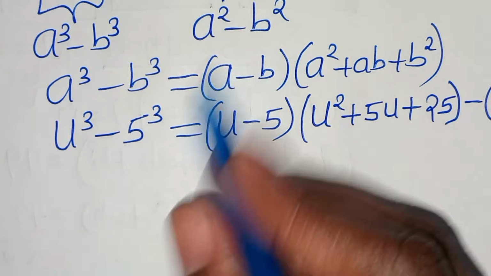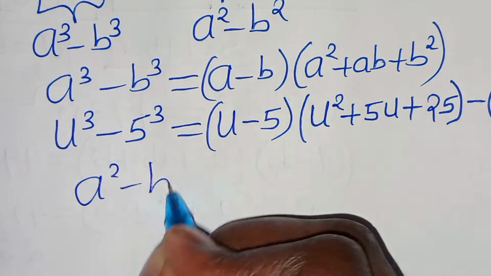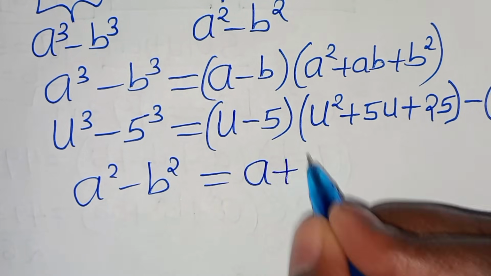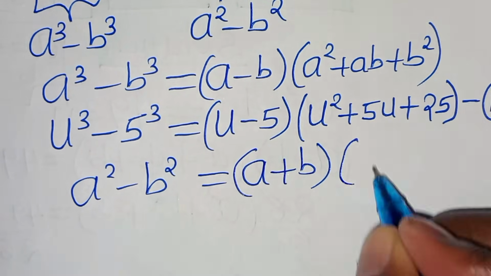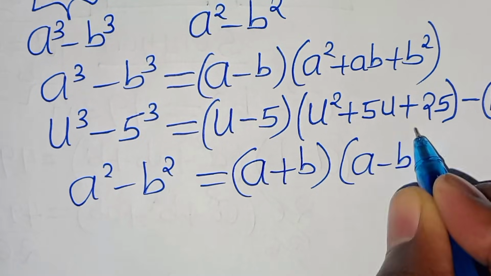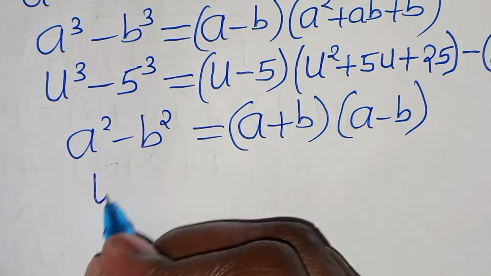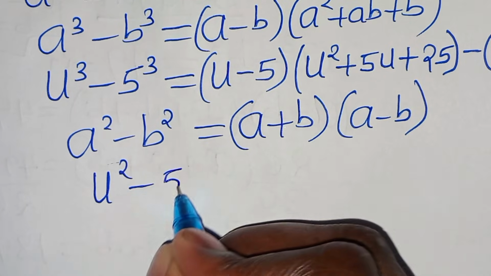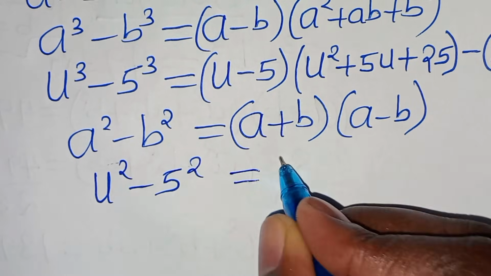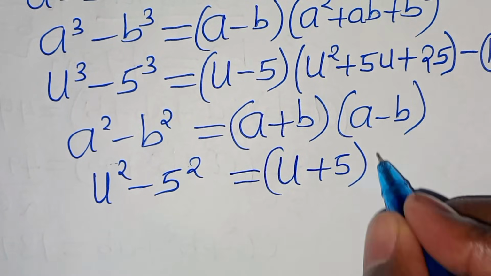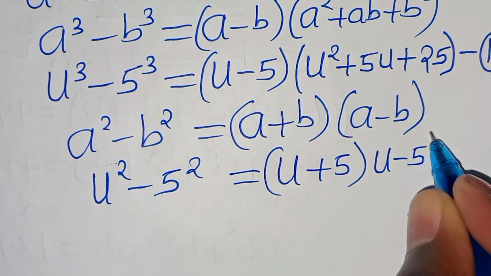Then the second part is a squared minus b squared, which is the difference of two perfect squares that we can express as a plus b times a minus b. Applying this identity, we have u to the power of 2 minus 5 to the power of 2, which is equal to u plus 5 multiplied by u minus 5.